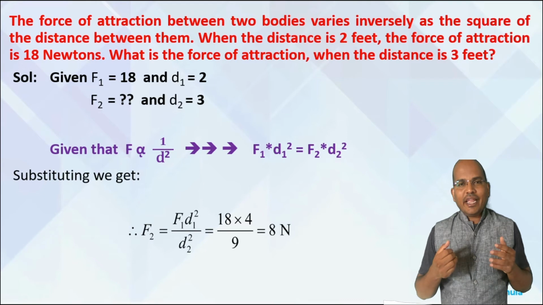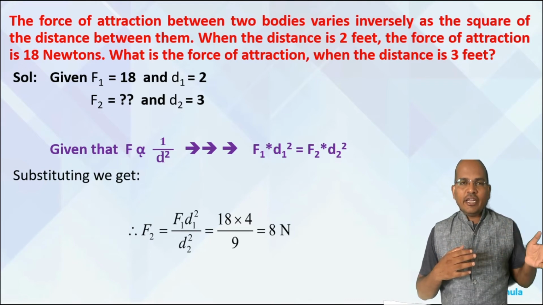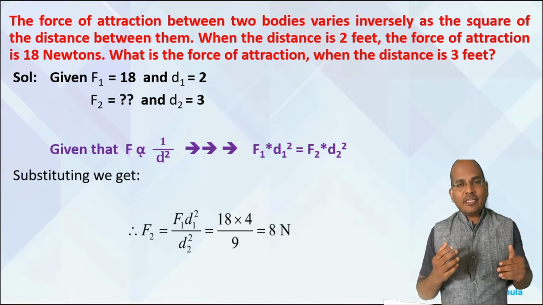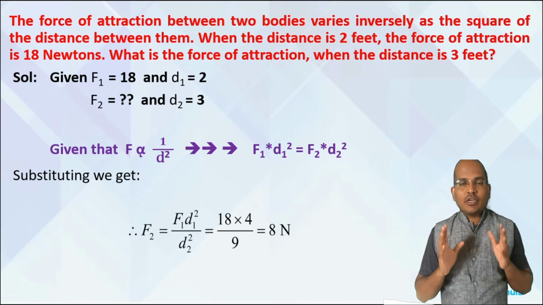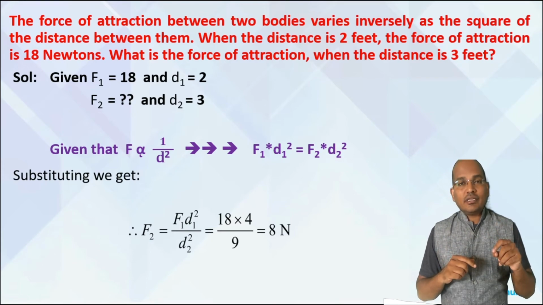So the answer is 8 newtons. So what do you observe? If distance is 2, force is 18. If distance is 3, force decreases. Why does it decrease? Because when D increases, F decreases. Hence it varies inversely. So the force is only 8 newtons. This is the concept of inverse dependencies.